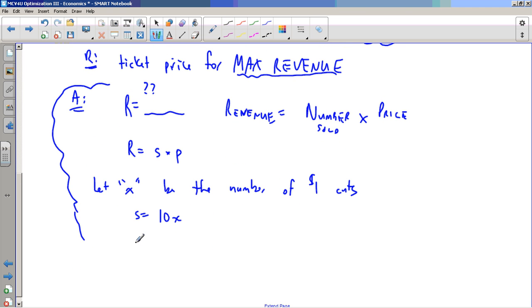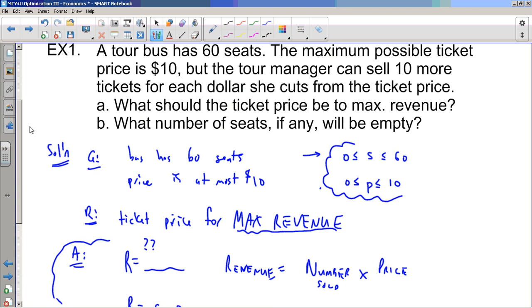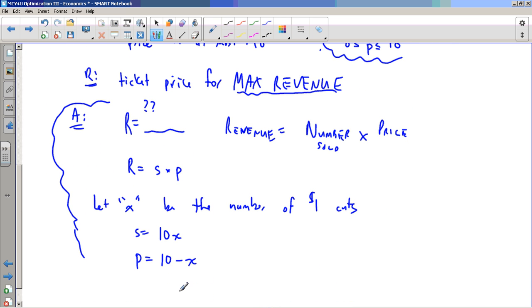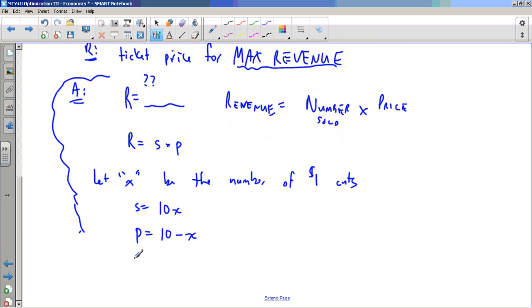But then what's the price? Well, it was $10, but for every cut we've subtracted $1. So then I can get a revenue function, right? The revenue in terms of x is 10x times (10 minus x).